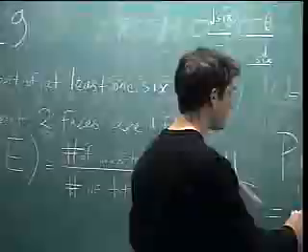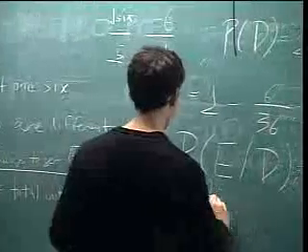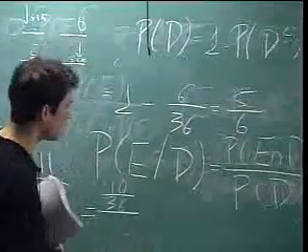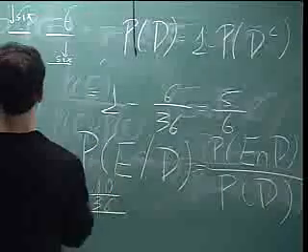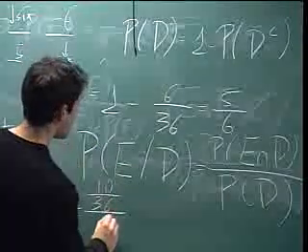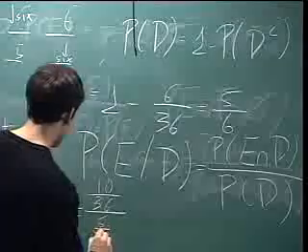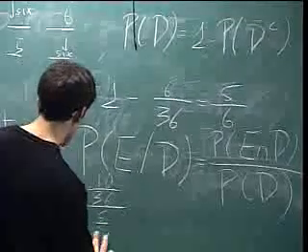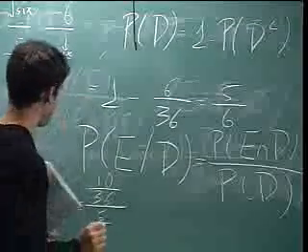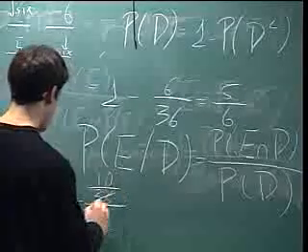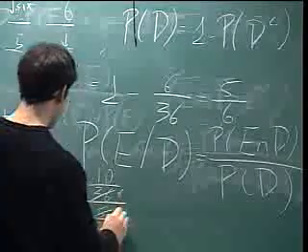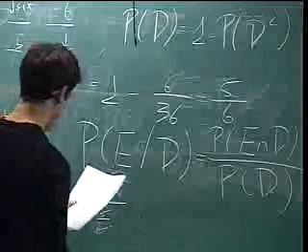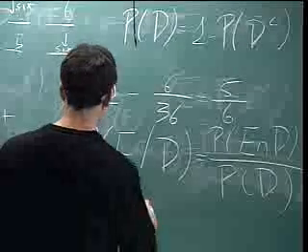So we would have 10 events. We divide this by 36. And we already have calculated the probability of D, which is 5 over 6. And we do some cancellations, and we get 1 over 3.